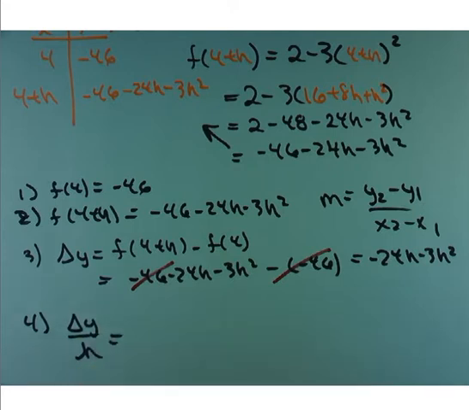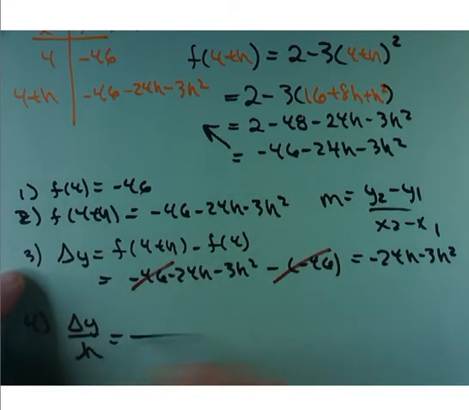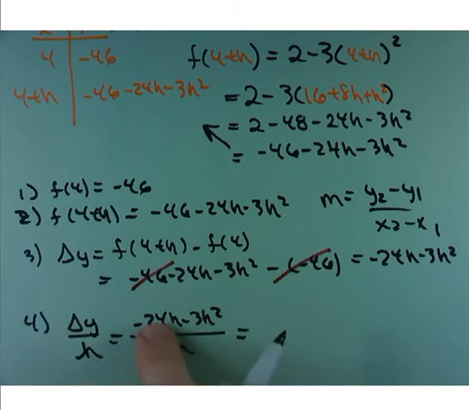That's our last step. And I gave this the name delta y just so that I didn't have to write all this stuff here. All I'm going to write is negative 24h minus 3h squared over h. And I'm going to take the time to factor out that h from the numerator.